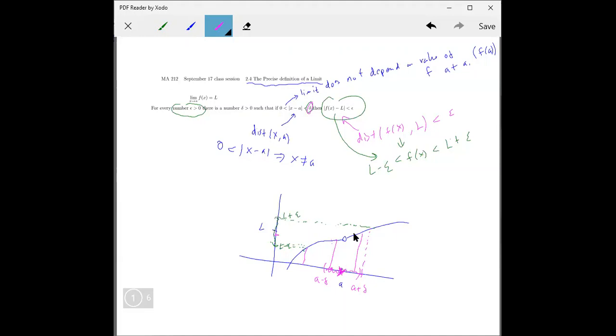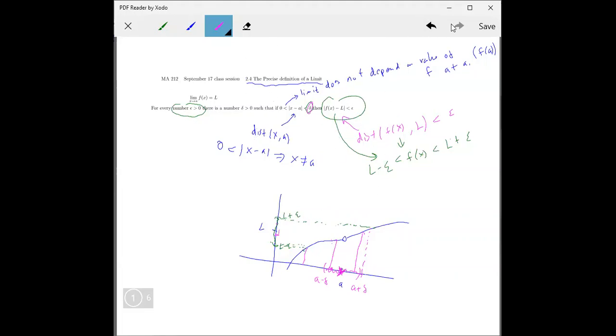You evaluate it there, that's going to be between here and here. Okay, so if you were to choose a delta that comes out to here, then that wouldn't work because this value here would give you something outside the region. Okay, so that's just the basic idea of what's going on.